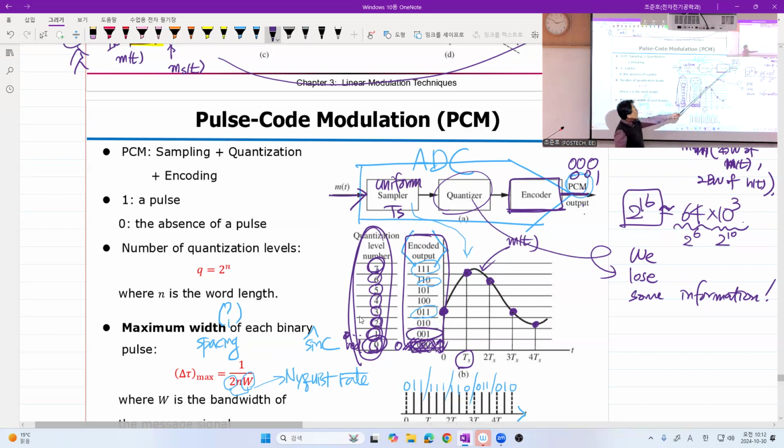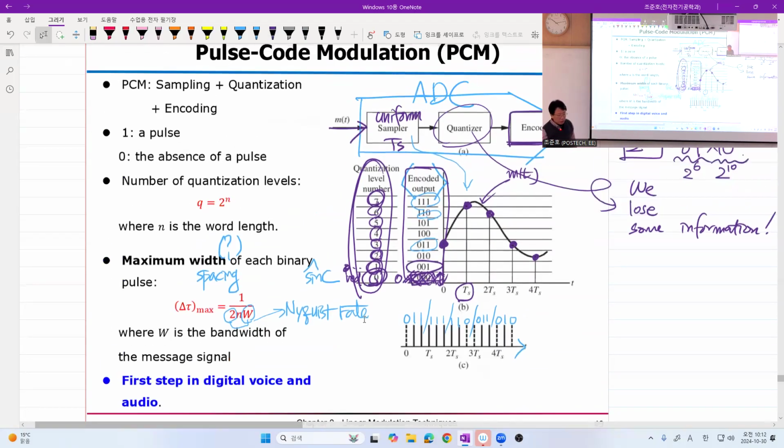For this, sometimes people use an encoding method like this. At every TS, we have a sample, quantization, and 3 bits. As you see, the first 3 lines are actually a pulse, a very short period, and the dashed line means no pulse.